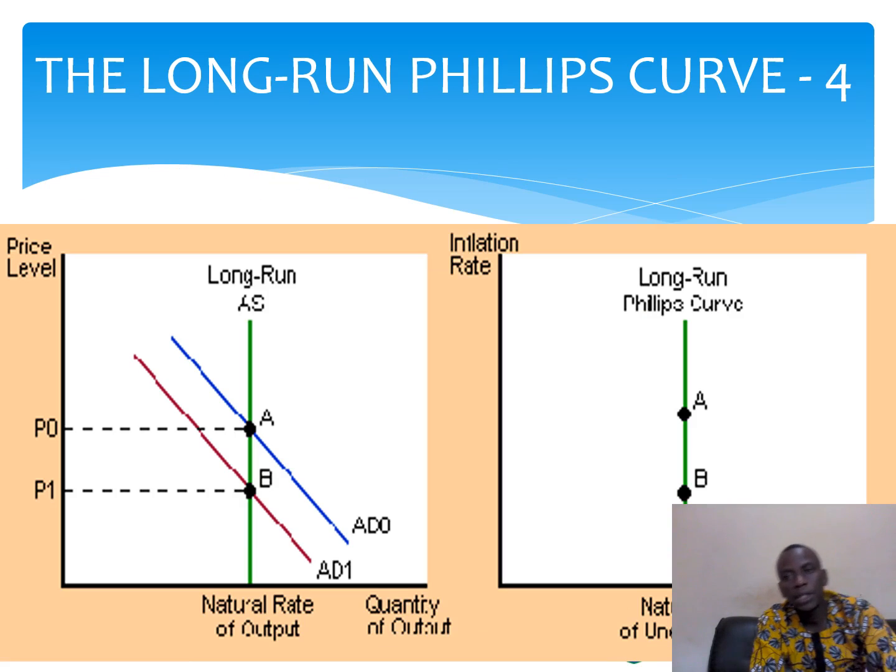So you see the long run Phillips curve. It's vertical at the natural rate of output, and the other side is vertical along the natural rate of unemployment.